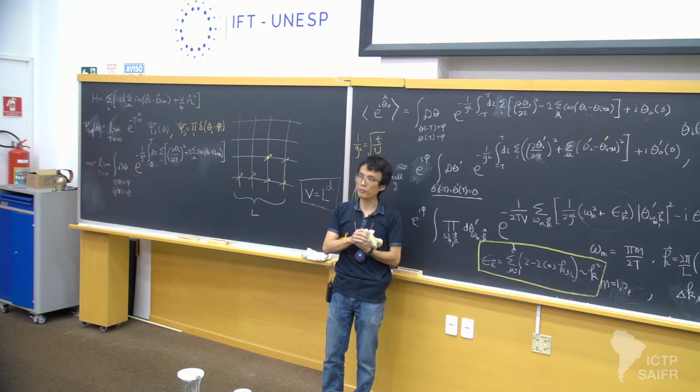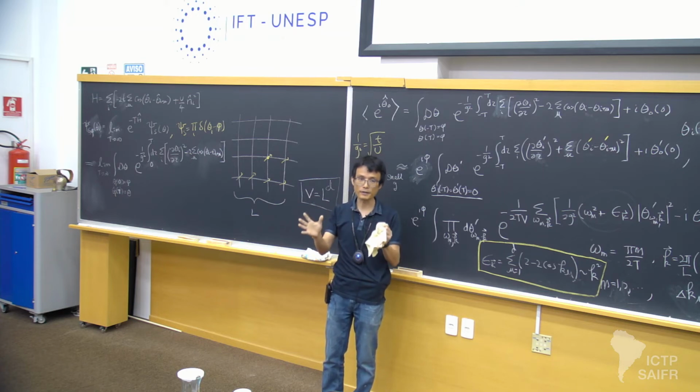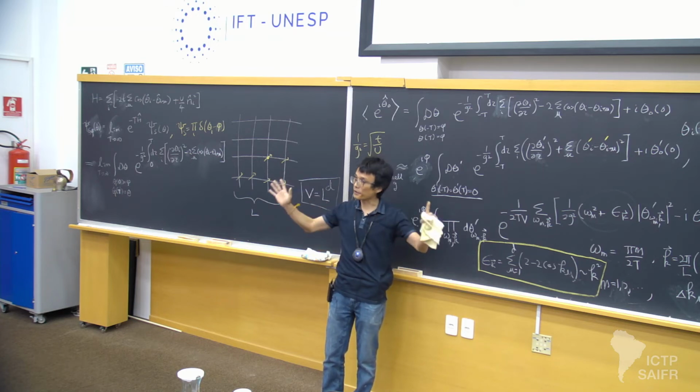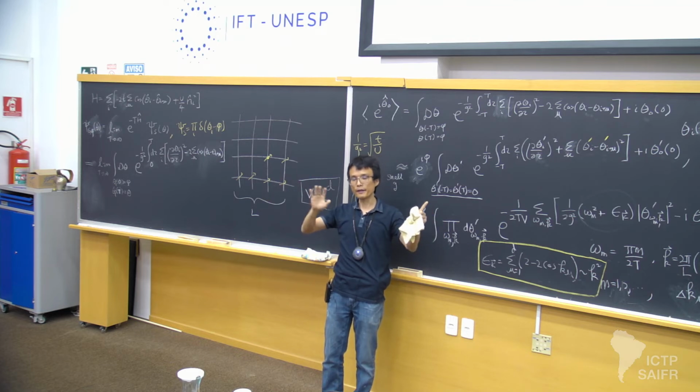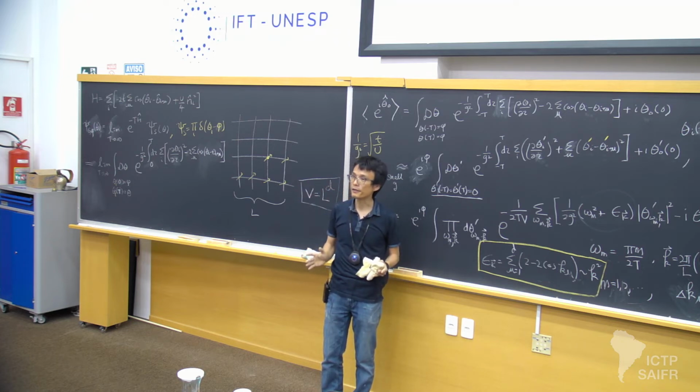Among those properties, there are so-called topological properties. Topological properties are the ones that are globally defined for each state, and that don't change under small deformation of your state.